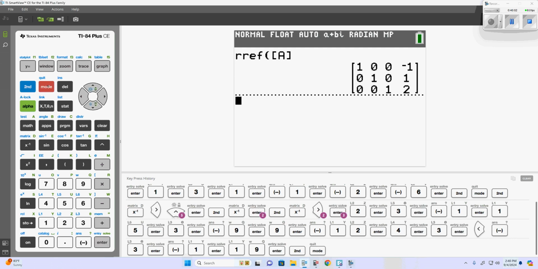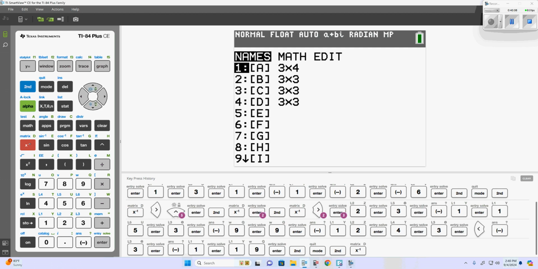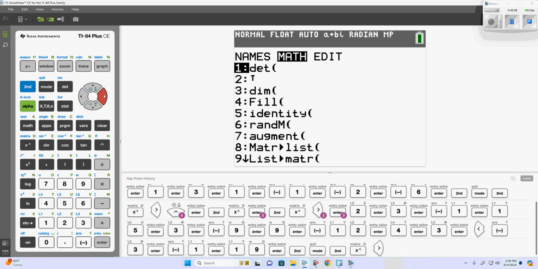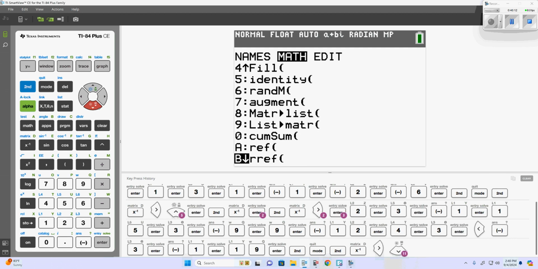Second quit. Second matrix, and we go over to math. And we're going to go up or down to RREF.